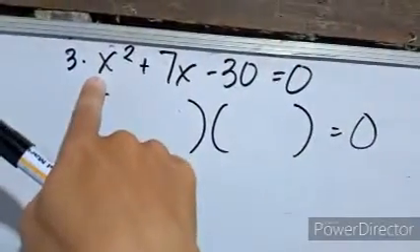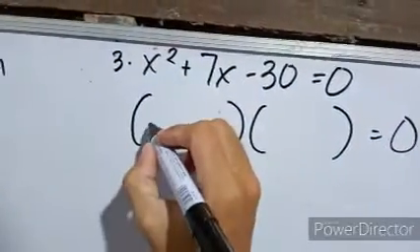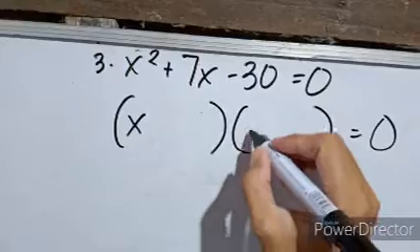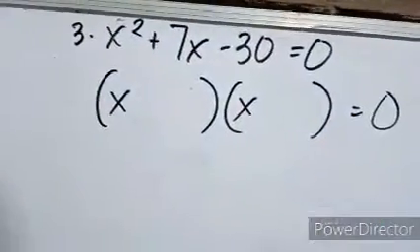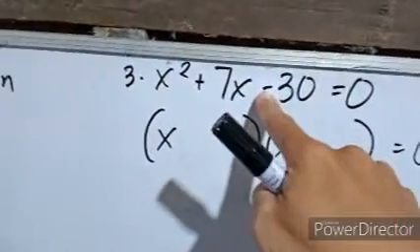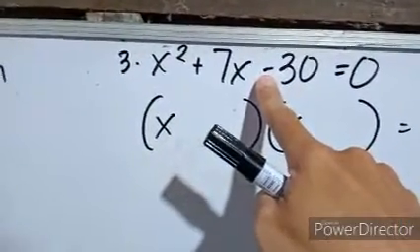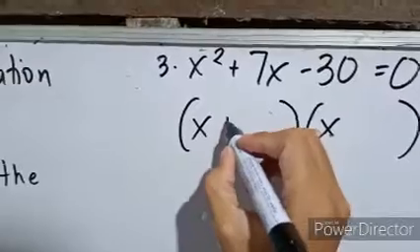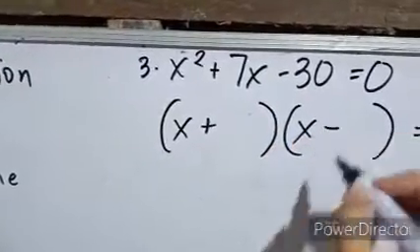So since x squared, alam natin ang factors niya ay x and x, lagay na natin siya doon. Now observe natin, ito ay negative. Ibig sabihin, we have two different signs. Isang negative at isang positive.